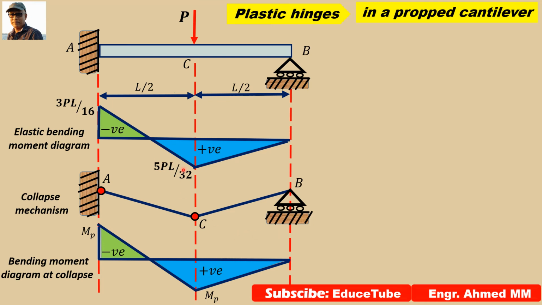Now if we compare these two, this is with elastic deformation and this is with collapse. Two scenarios. This is with elastic deformations, but this moment diagram is with collapse. So we can say that a redistribution of bending moment has occurred.